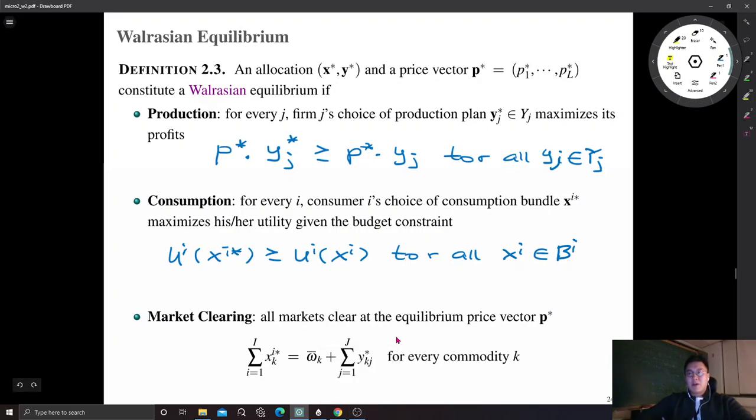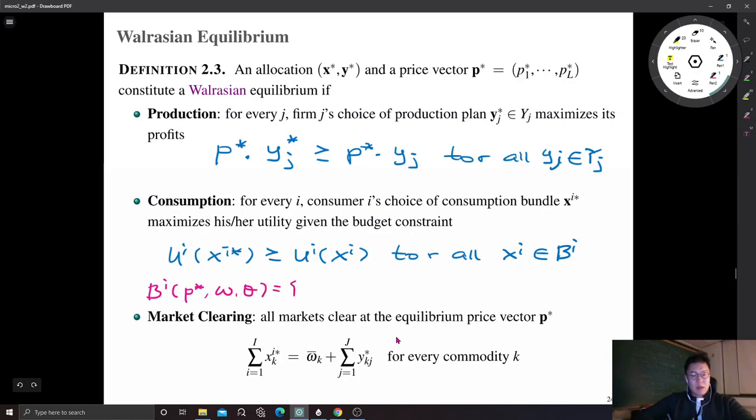And we can define the budget set in this economy as B i, a function of p star, omega and theta.